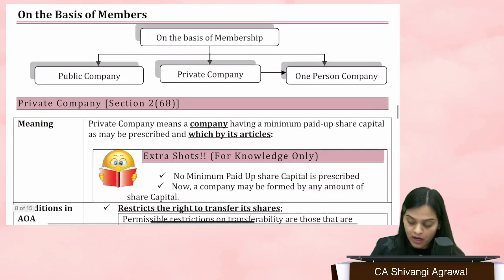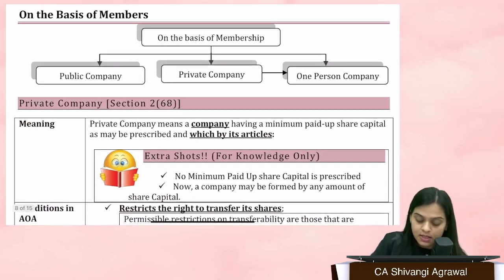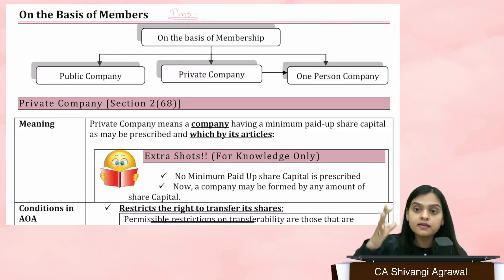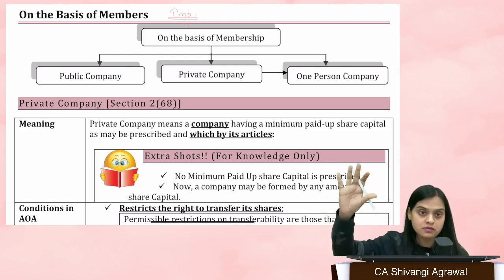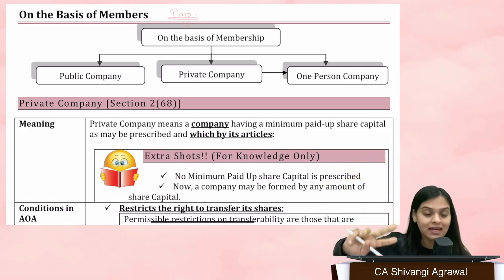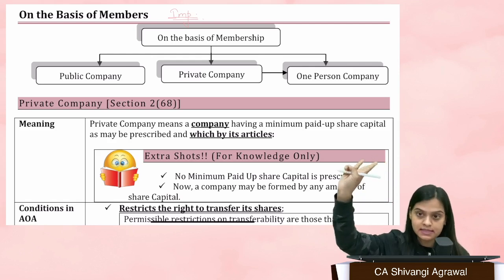Now we come to our very important topic. This is important. We have three types of companies which can be formed under Companies Act 2013. One is private company, second is public company, and third is OPC.